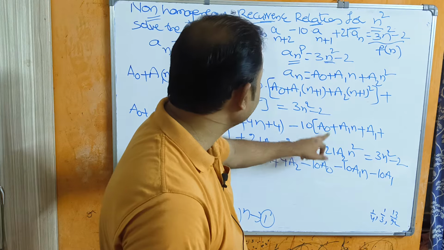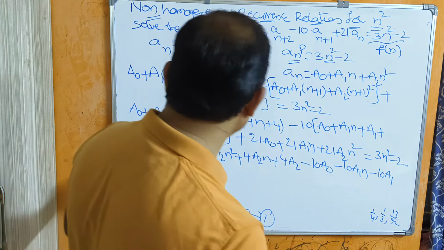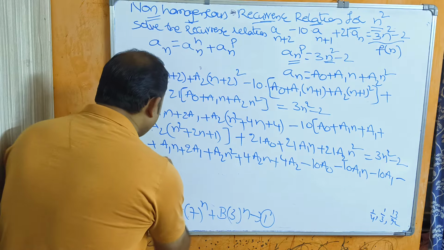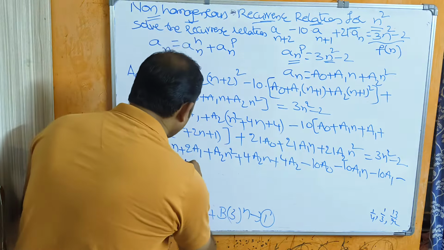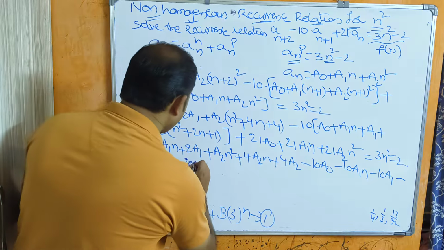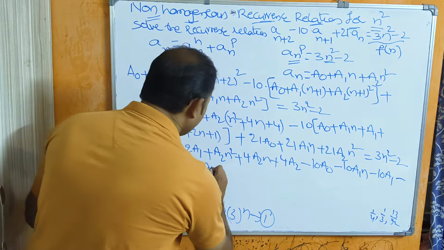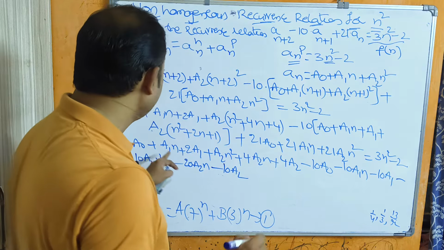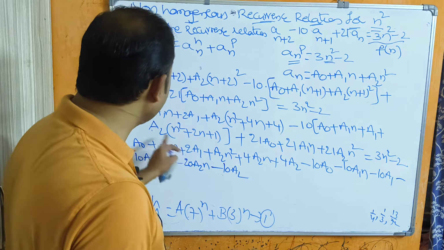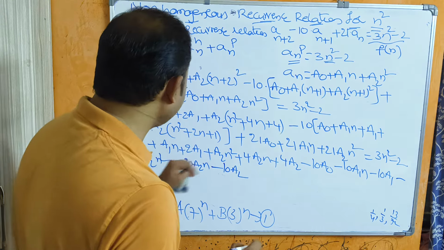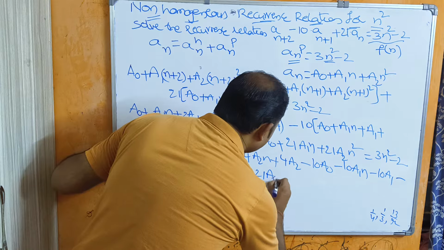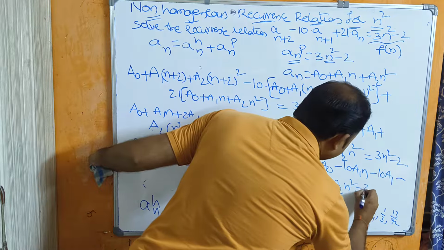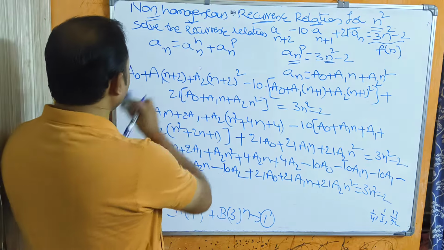Next, minus into plus means minus 10 a2 n square, minus into plus means minus, 10 into 2 means 20 a2 n, next minus into plus means minus 10 a2, plus 21 a naught plus 21 a1 n plus 21 a2 n square equal to 3n square minus 2.